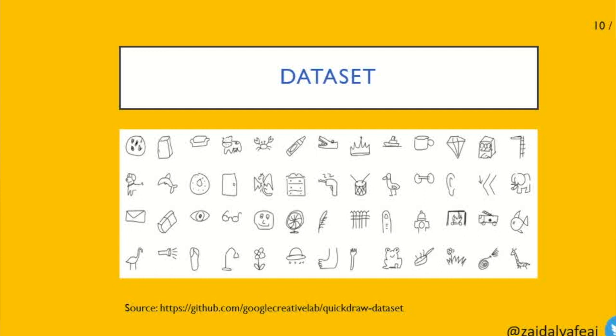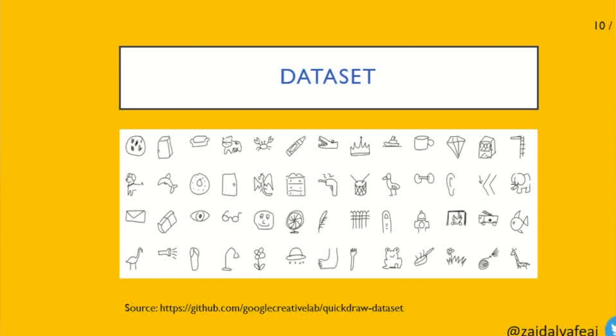So this is the dataset that I trained on. This dataset was collected by Google. It contains more than 1 billion images that were drawn by people. It contains more than 300 classes. So for instance, this is a cookie, this is a dog, this is an envelope.